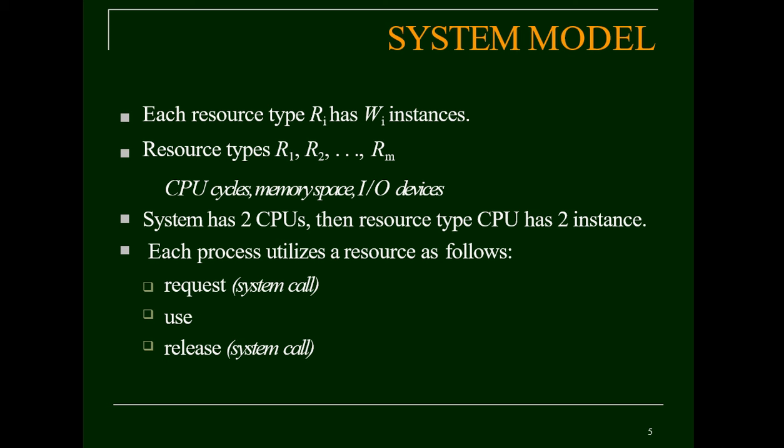If the system has two CPUs, then the resource type CPU has two instances. Each process utilizes a resource as follows. We have to follow three steps: first is request, then we use that resource, and after using that resource, we have to release it.